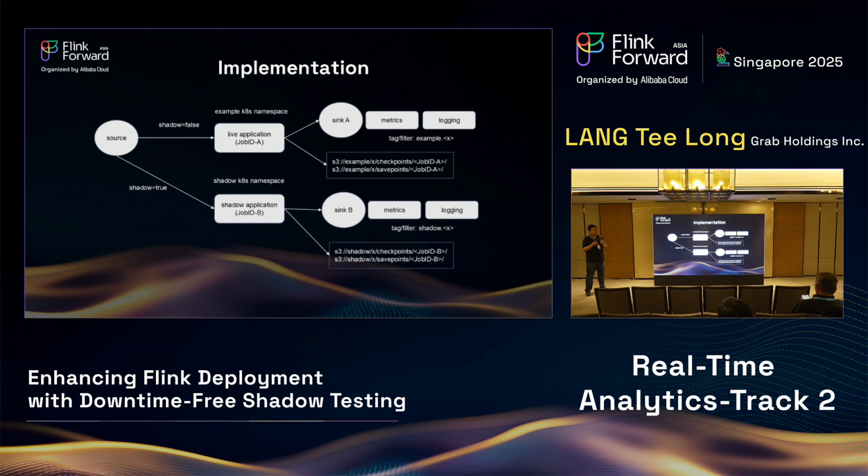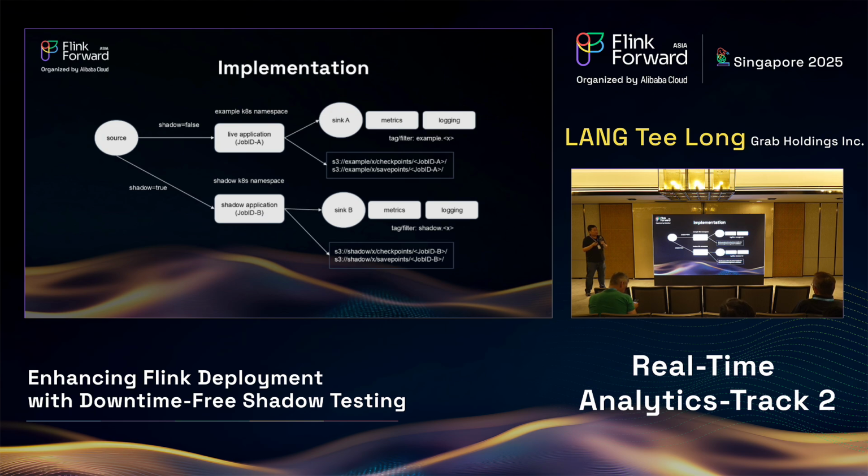And as in the previous slide, when you have this shadow environment variable, you can override the configuration. For observability, let's say for metrics you are using StatsD, you can override the StatsD configuration to inject the shadow prefix.